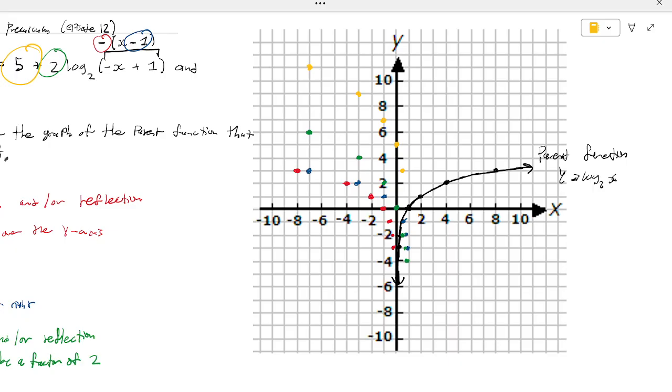Or wait, I just realized I did some of those green points wrong. I apologize. It's a disaster.